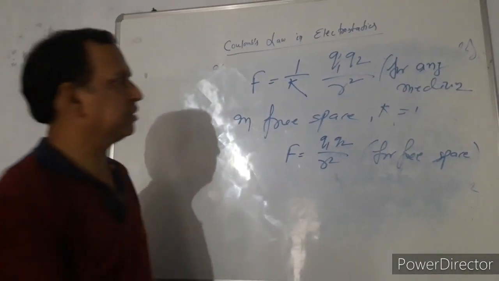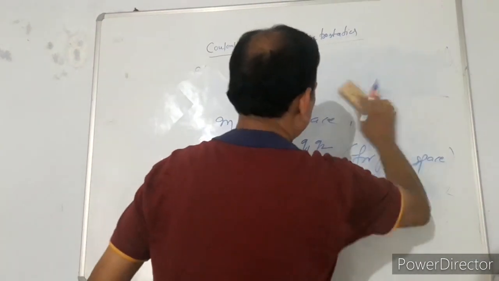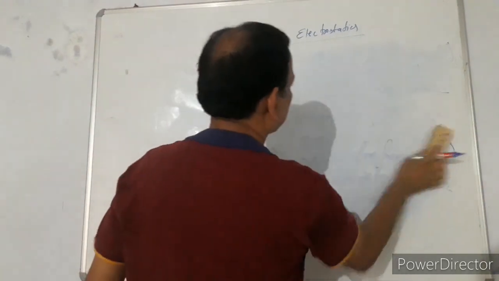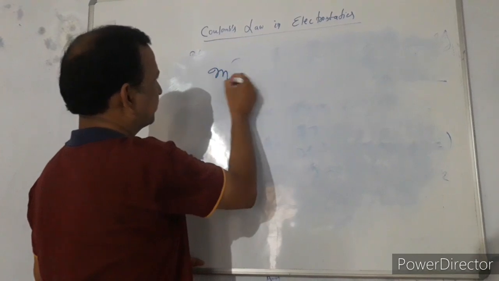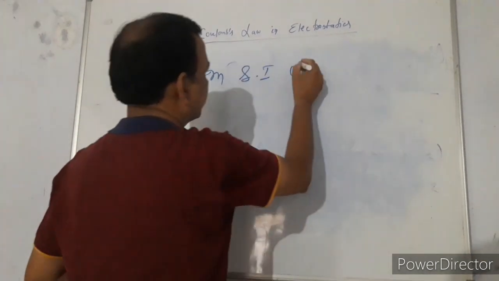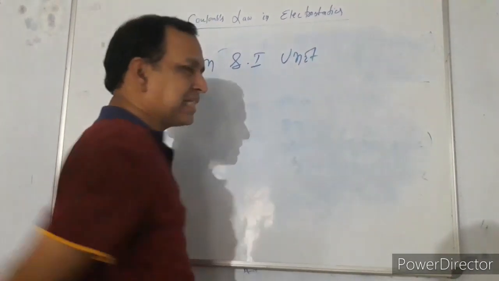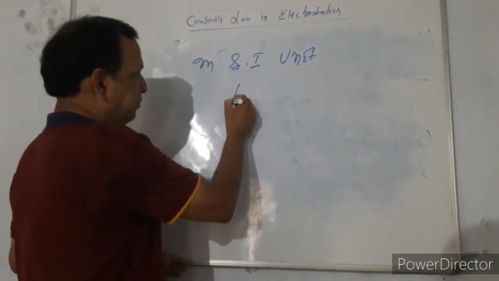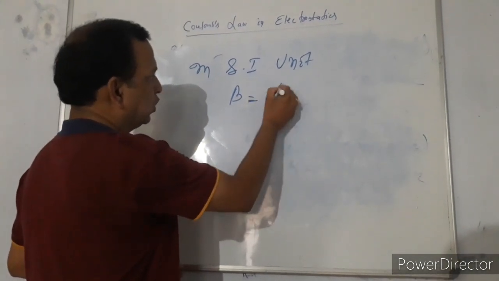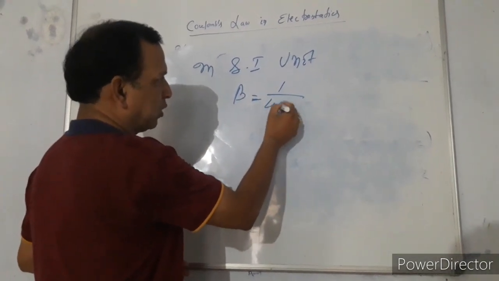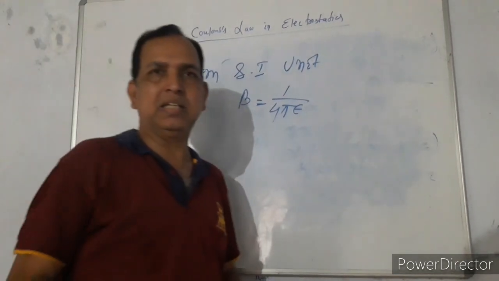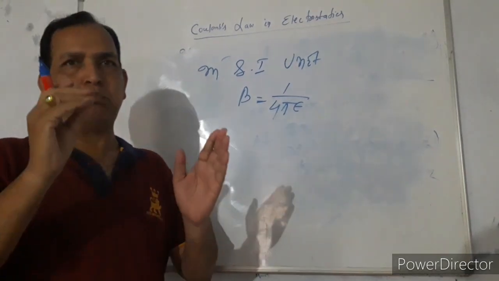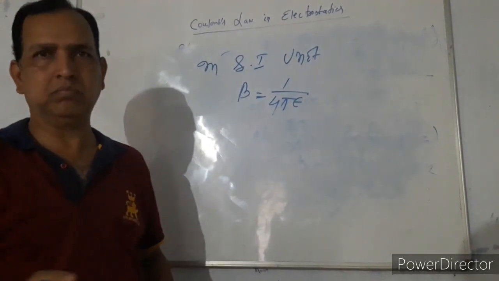Now in SI unit, beta is equal to 1 by 4 pi epsilon. What is epsilon? Epsilon is the permittivity of the medium.